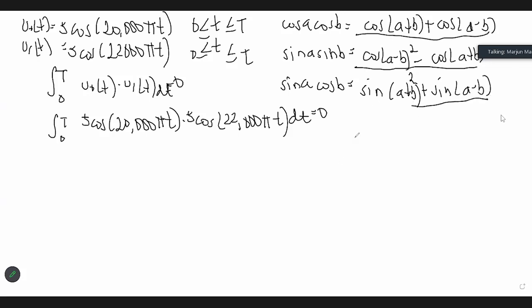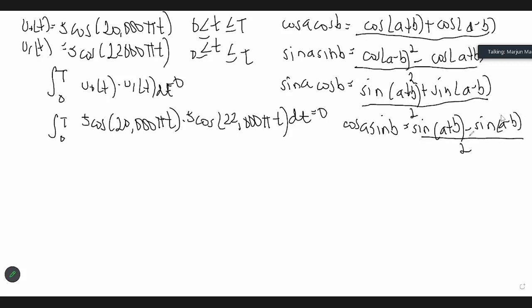And lastly, cosine A times sine B is equal to sine A plus B minus sine A minus B over 2. Okay? Yun. So, kailangan nyo i-memorize yung different trigonometric identities. Okay?